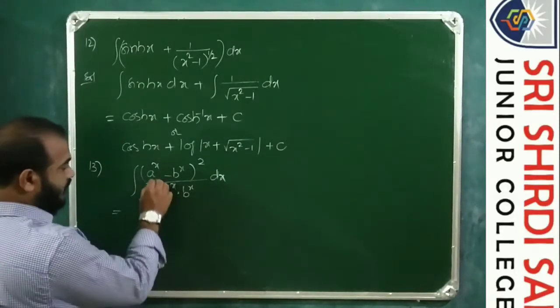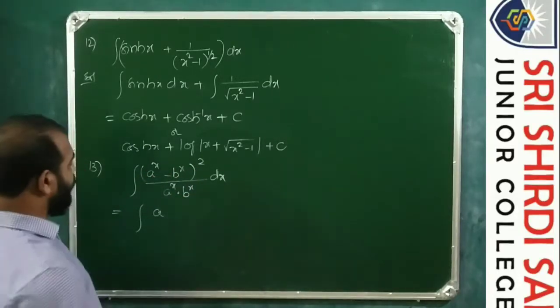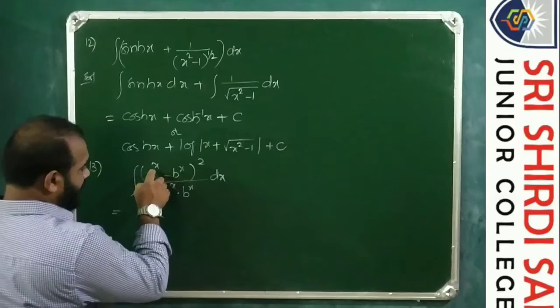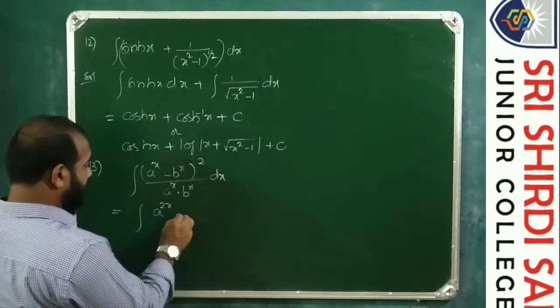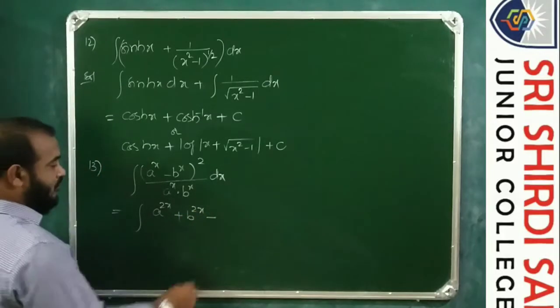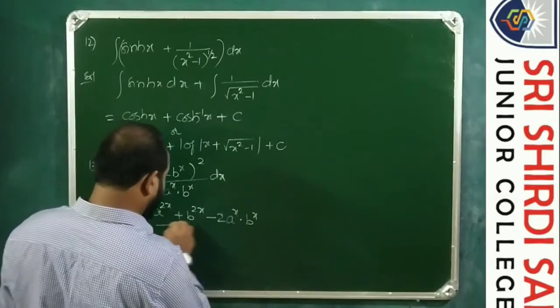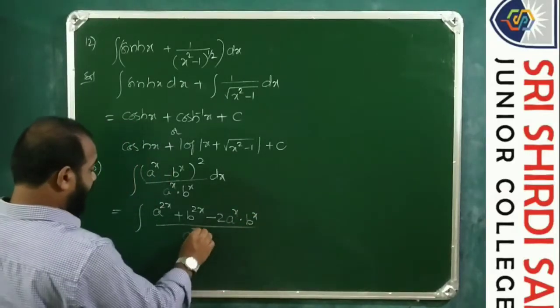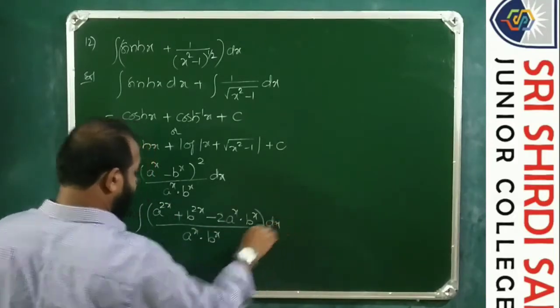So (a^x) whole square, (a^m)^n is a^(mn). So (a^x) whole square is a^(2x). This is plus b^(2x), a square plus b square minus 2ab, 2 into a^x into b^x, by a^x into b^x, whole dx.